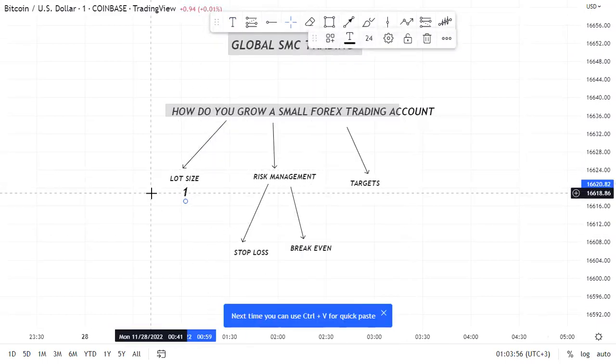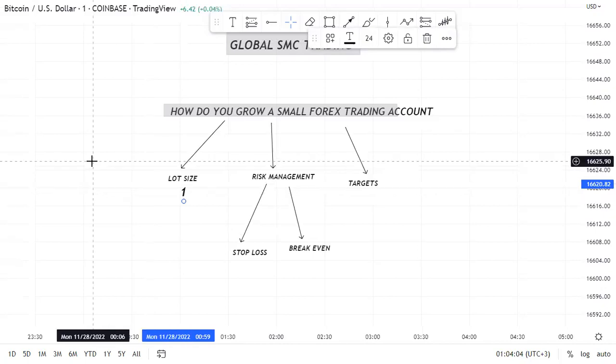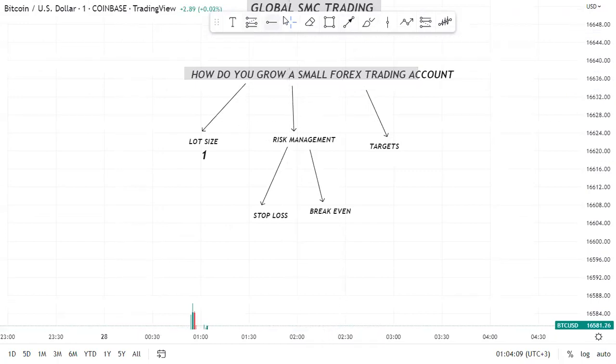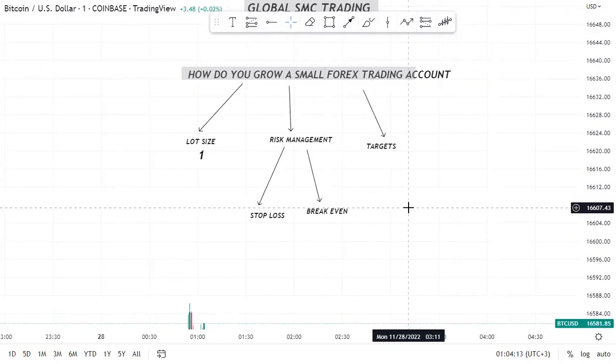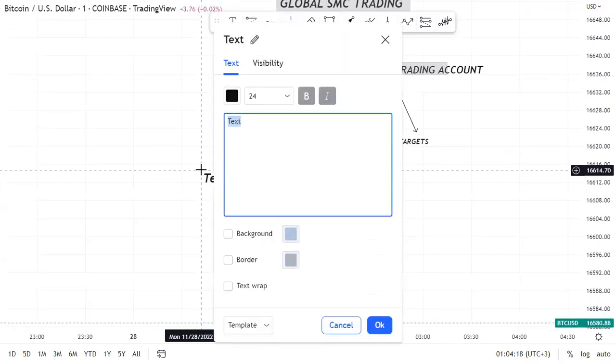So what is a lot size? A lot size is a quantity, the quantity of the amount that you are willing to lose, or even to gain. It's not always about losing. If you go on to MT4 or MT5, you're going to see that when you're trading, on the application there are unit sizes.